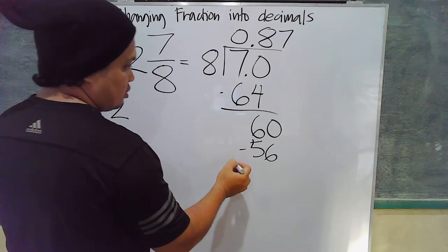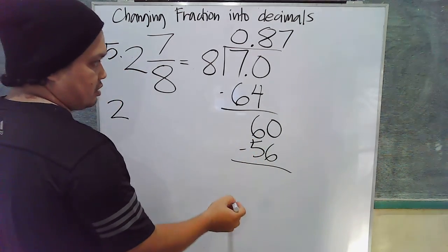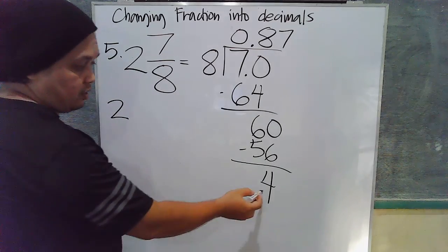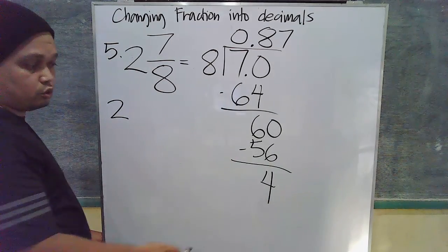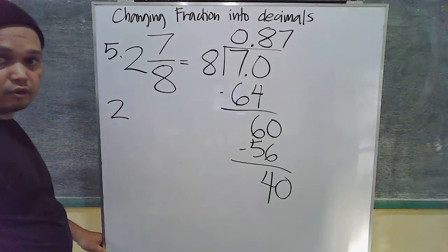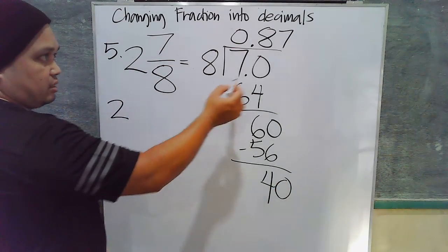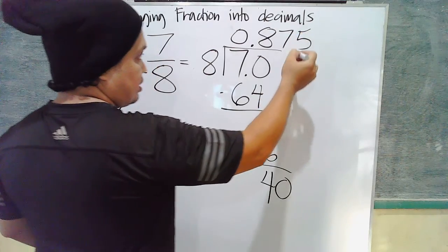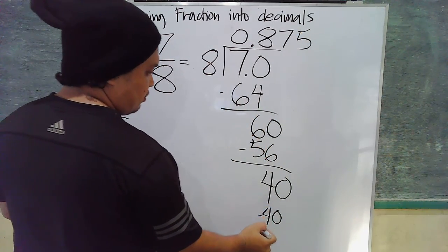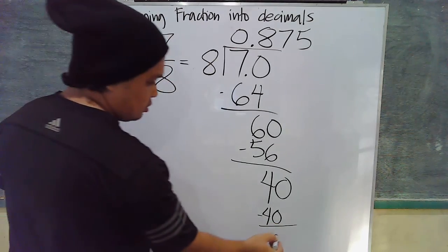So 60 minus 56 is 4. The same, 4 divided by 8 cannot be done, so let's borrow 0 again. We have 40. Now 40 divided by 8 is 5. 5 times 8 is 40, and 40 minus 40 is 0.